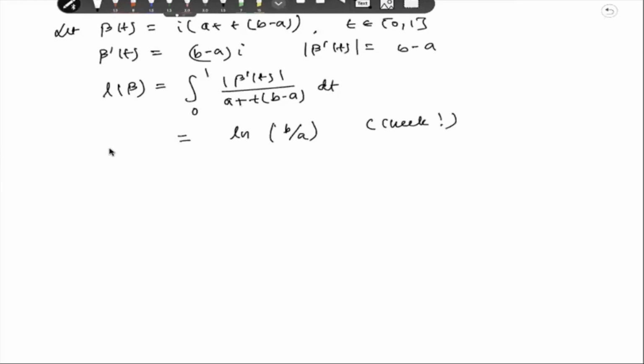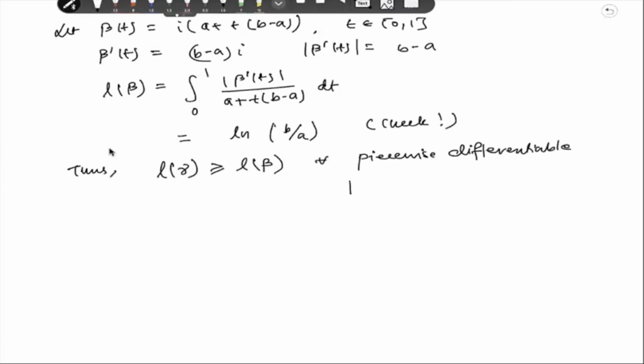So what we have proved is that the length of gamma is always greater than or equal to the length of beta. And this is true for all piecewise differentiable paths gamma with gamma(0) equal to iA and gamma(1) equal to iB.